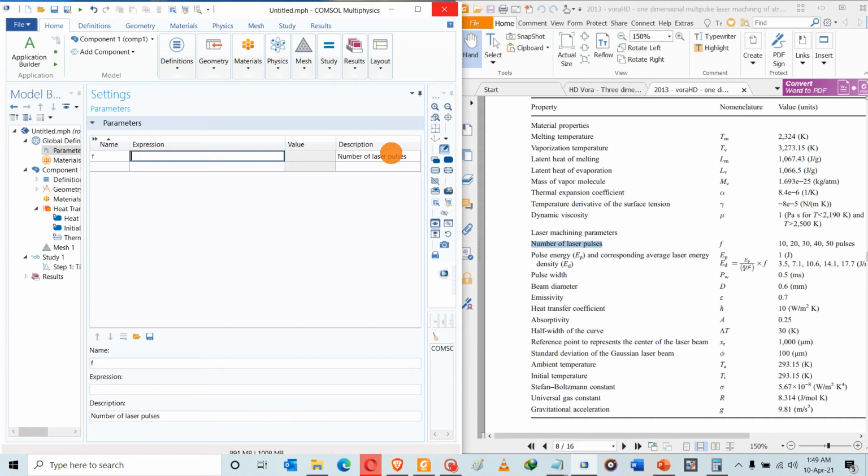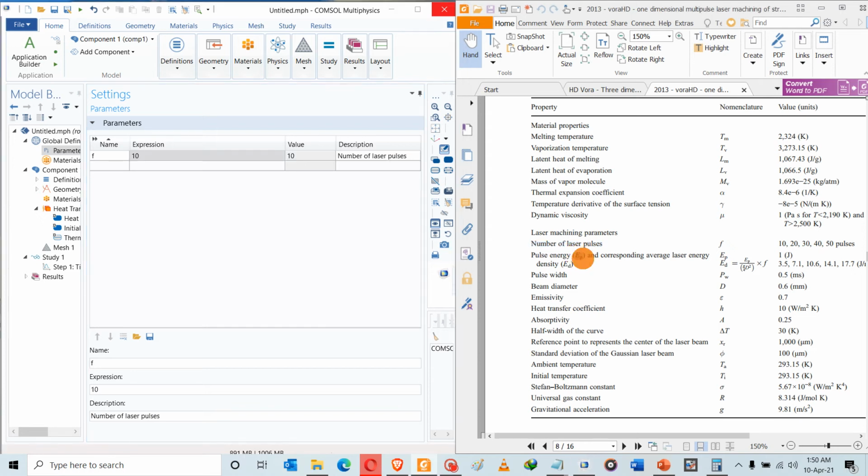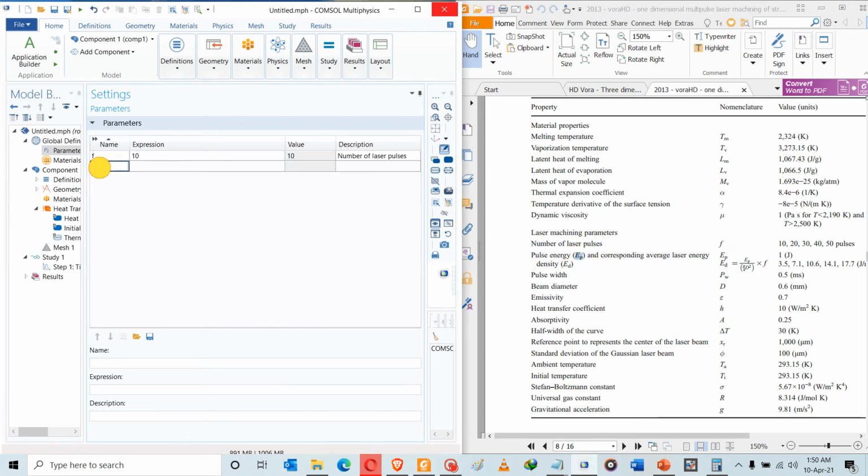This is the number of laser pulses or the repetition rate. So we're just going to include 10, the first number here. And then you move on to pulse energy. I'm using shortcuts to copy, so 1 joule.